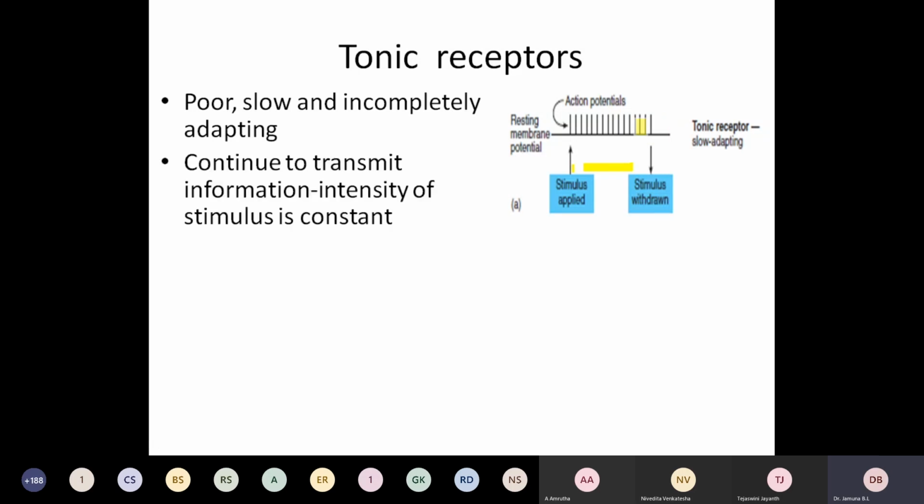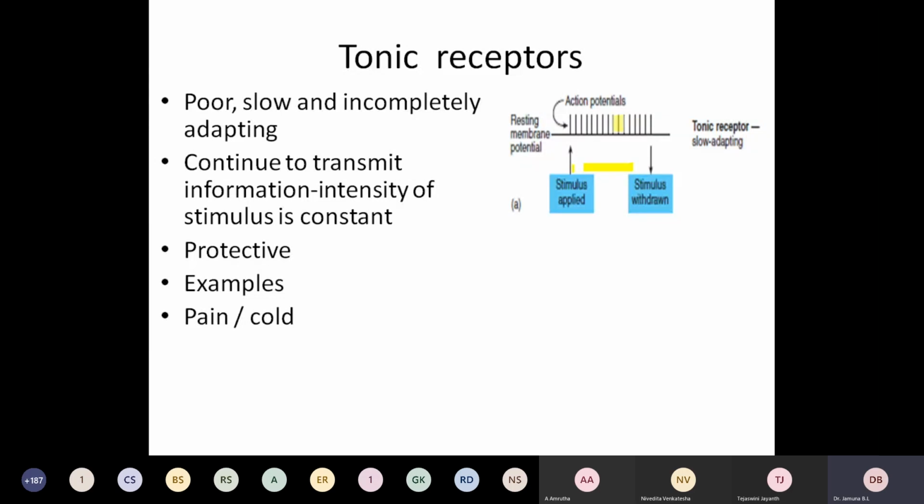This is very important, and it is protective in nature for certain body functions. Suppose with pain receptors or cold, if they get adapted, the chances of injuring our body will be more. So it's a kind of protective mechanism.